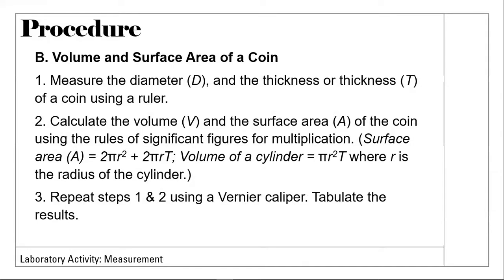The surface area is equal to 2 pi r squared plus 2 pi r t. To get the volume of the cylinder, it is equal to pi r squared t, where r is the radius of the cylinder. Then repeat steps 1 and 2 using a vernier caliper, then tabulate the results.